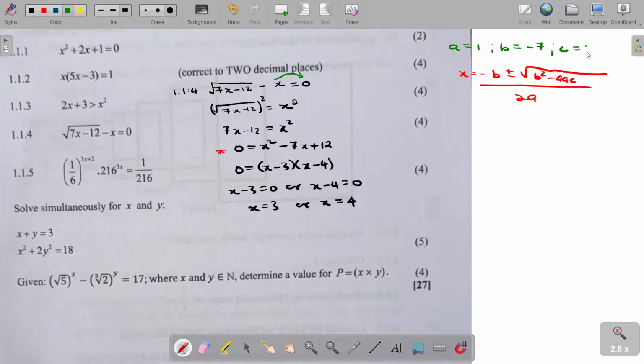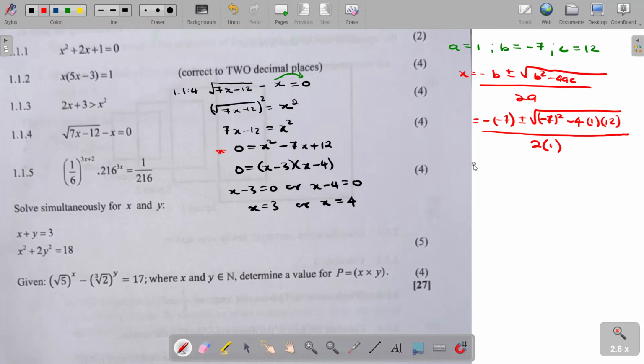Then C is equal to the constant, which is 12. Substituting those in the quadratic formula, it's going to give us minus b, which is minus minus 7, plus or minus the square root of b squared, which is minus 7 squared, minus 4 times our a, our c, all over 2 times our a.